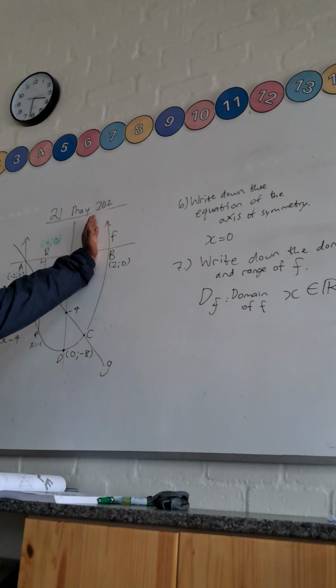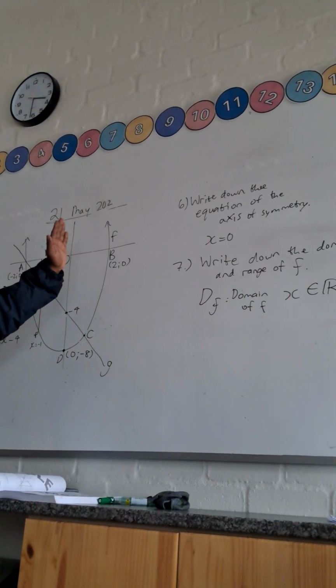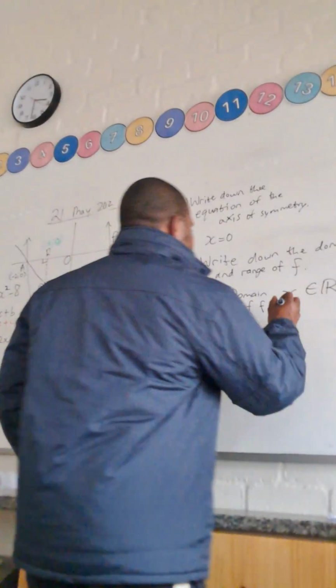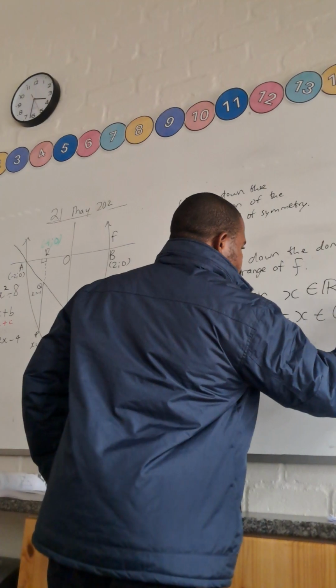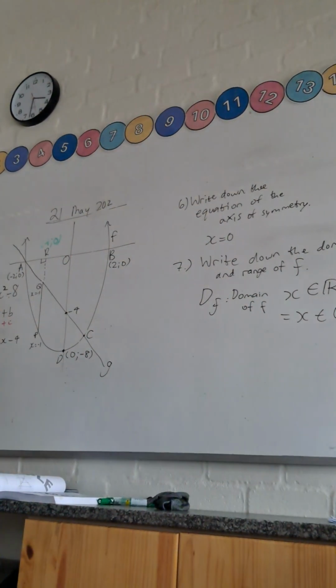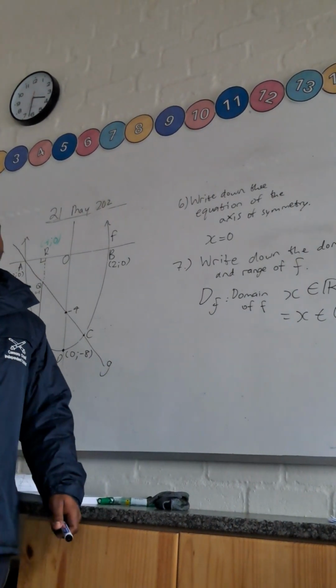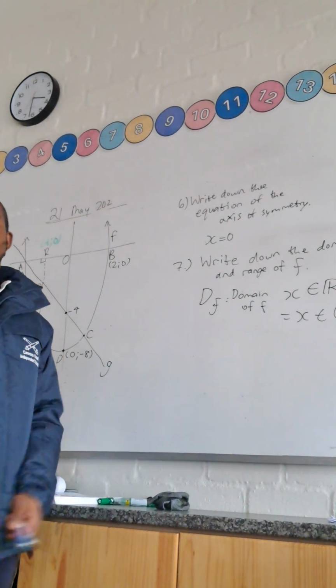It's basically the same as saying x is an element from the interval minus infinity to infinity. It's the same thing. But the range, on the other hand, is not always going to be the same.